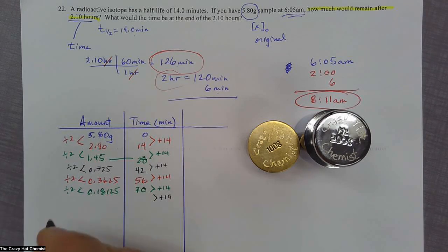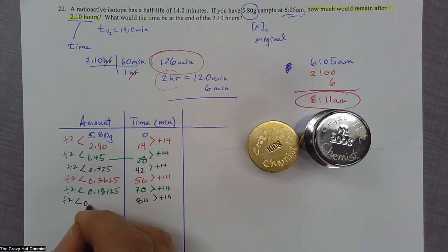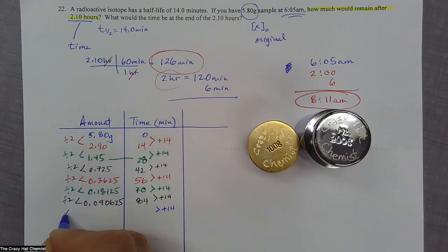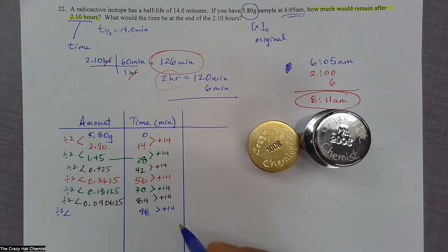We're going to add 14. We're going to divide by 2. We are at the 84-minute time point and an amount of 0.090625. We're going to add 14. We're going to divide by 2. I'm hoping you've seen that this is painful and tedious, and there are faster ways. 98 total minutes and 0.0453125.